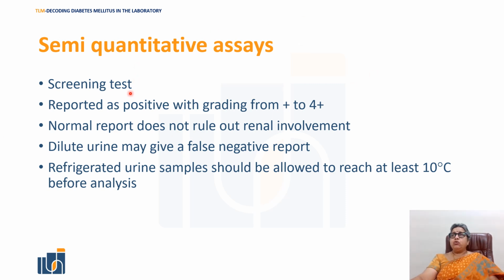So you can either use a dipstick which has 8 parameter, 10 parameter, 11 parameter, or you can use the ones which have only protein or protein and sugar. So this is how we do a semi-quantitative or a screening test or a qualitative test, or whatever you want to call it.